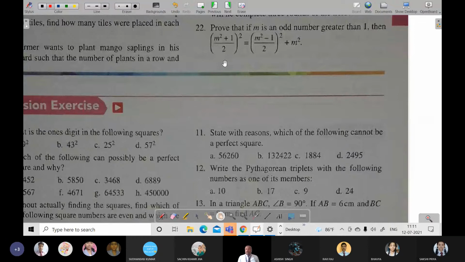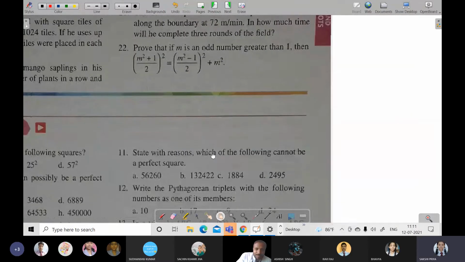We can prove by taking LHS and bringing RHS, or by taking RHS and bringing LHS, or by solving both the sides and bringing the same answer. So here what will be better for us? To solve both the sides and bring the same answer.